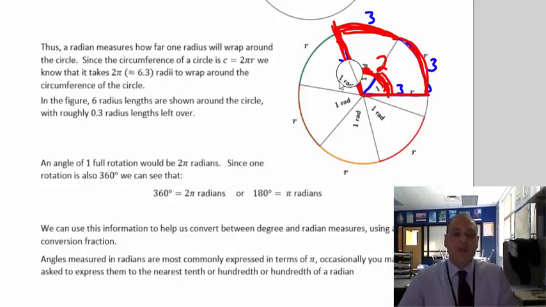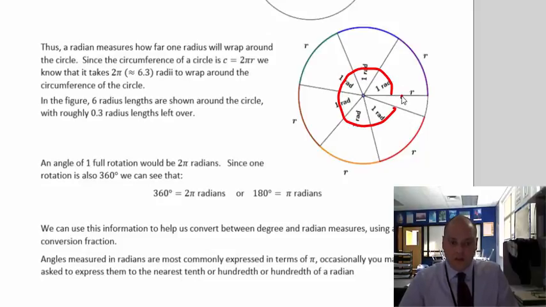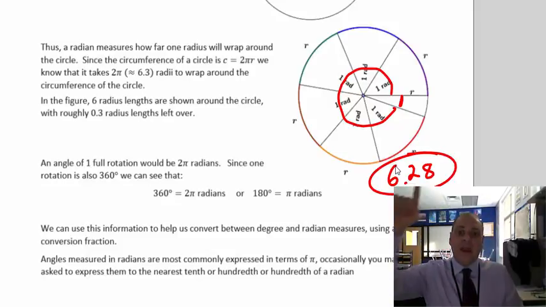Now, it turns out that to go all the way around the circle, any circle, it takes 1, 2, 3, 4, 5, 6 radians plus a little bit left over. It turns out that it's 6.28. It takes 6.28 lengths of the radius.